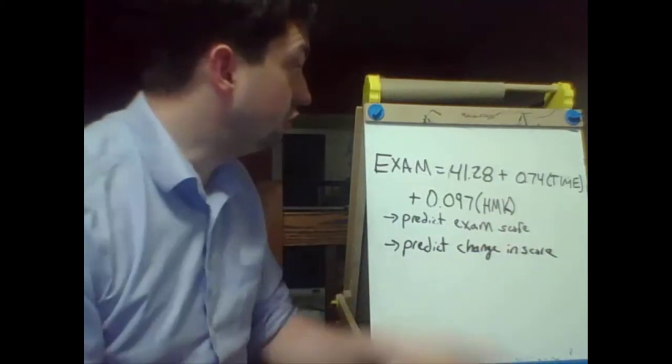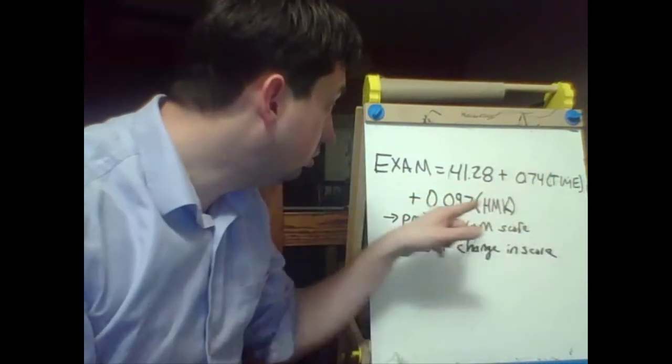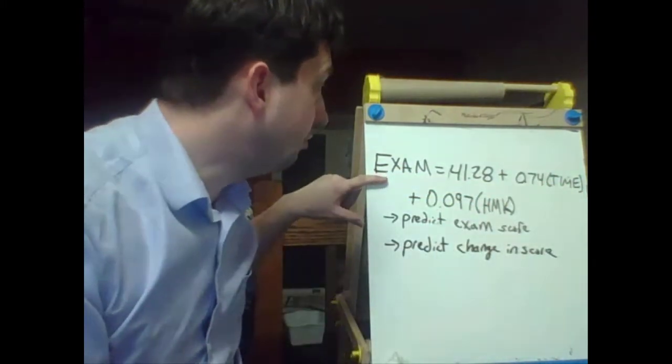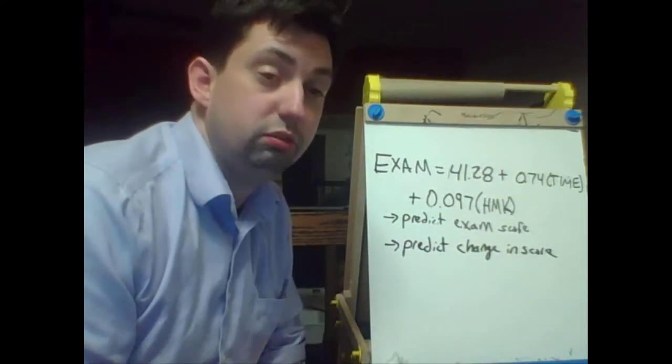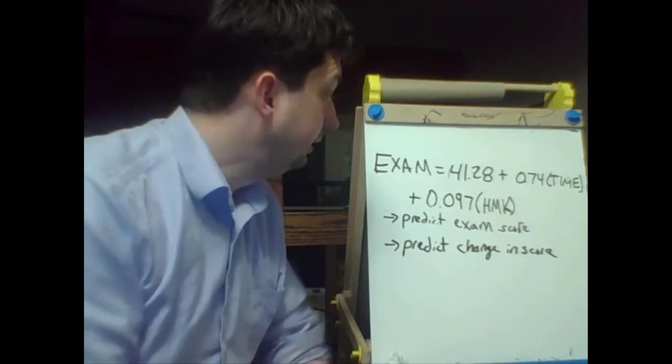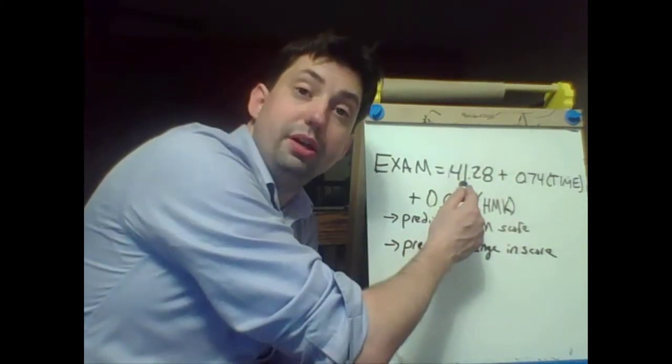If you spend an additional 10 minutes, all other things being equal, exam score increased by 10 times 0.74, or 7, roughly. Note, this intercept does not come into play at all.